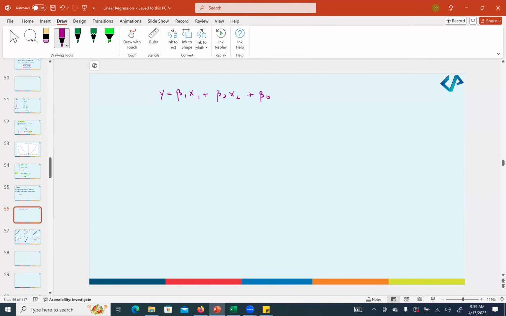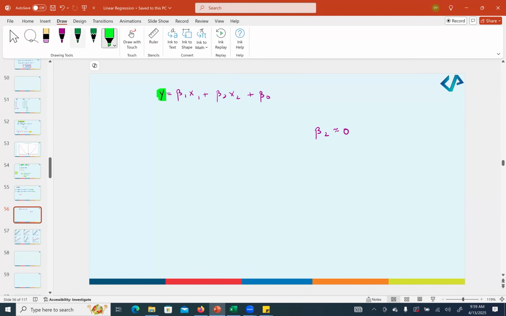If someone says beta 2 is approximately equal to 0, does it matter what the value of x2 is? No, right? x2 can have any value it wants. It is not going to change my target variable.